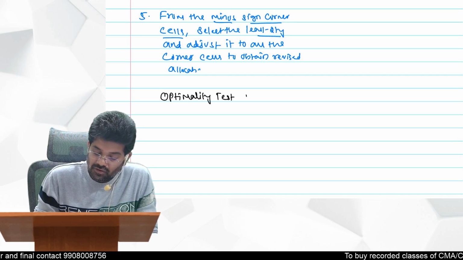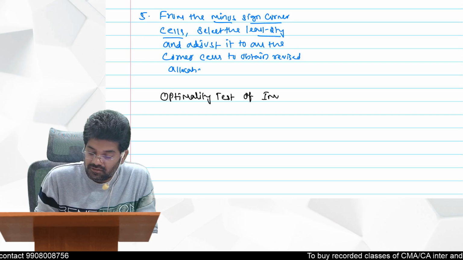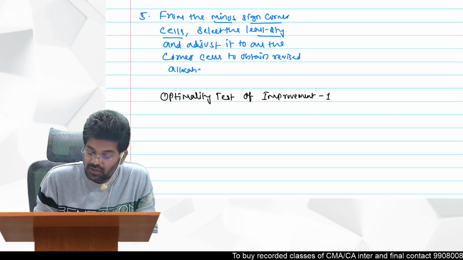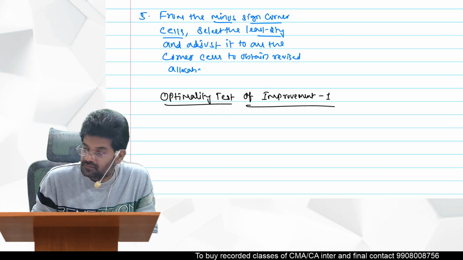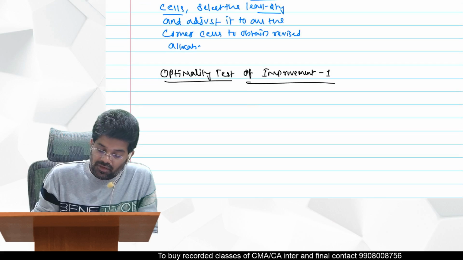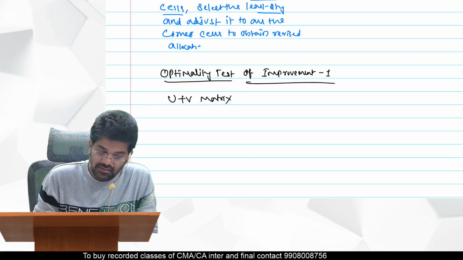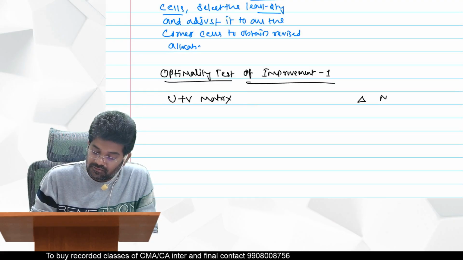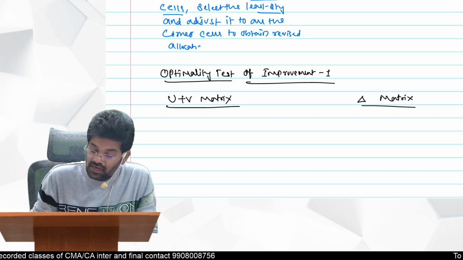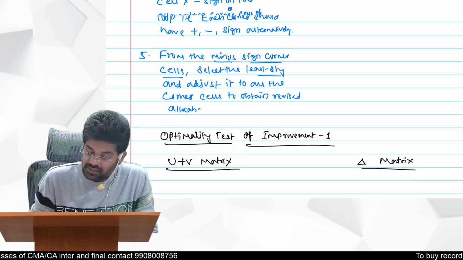Optimality test of improvement 1. So let us prepare the U plus V matrix, and then the change matrix.